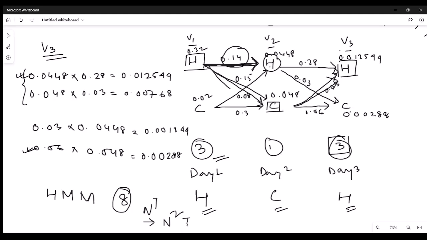Thus, the Viterbi algorithm is more efficient in providing the solution for a larger number of hidden states and observable state combinations.